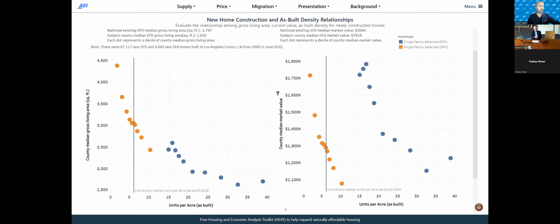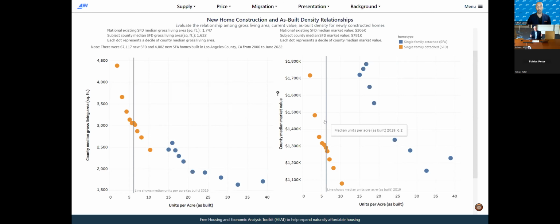So one of the things that one can do in terms of increasing housing supply is to increase as-built density. The vertical line in both cases represents the median for single-family detached in 2019, and that was at 6.2 units per acre.